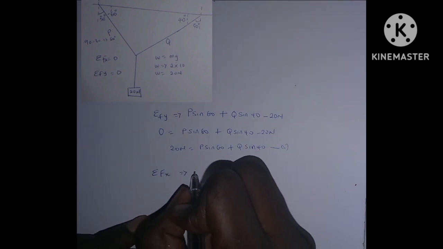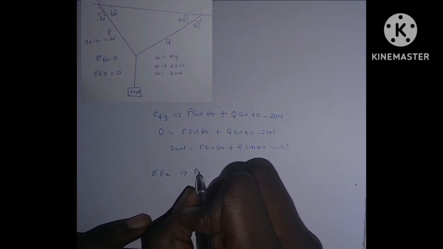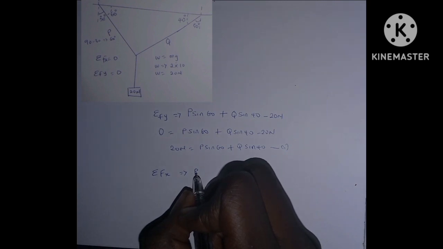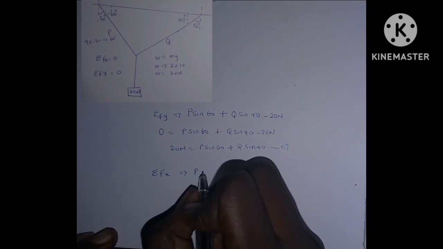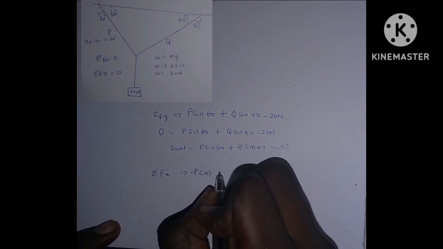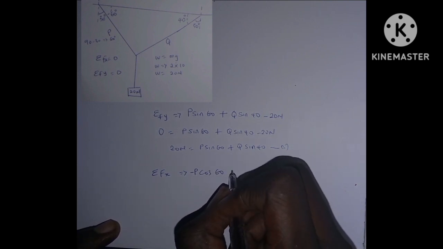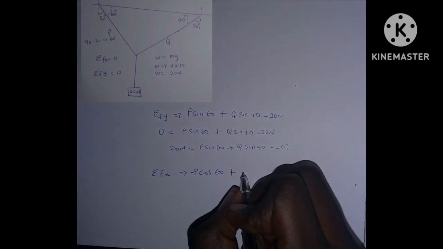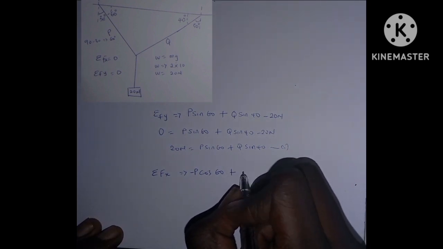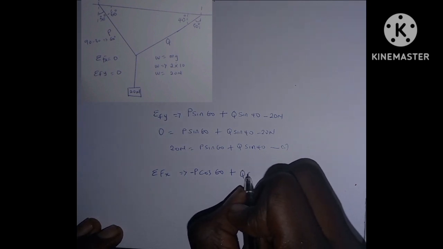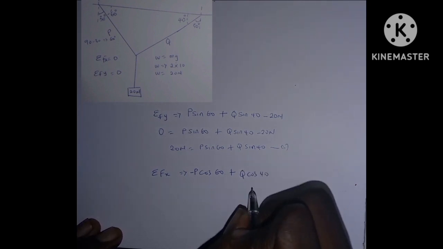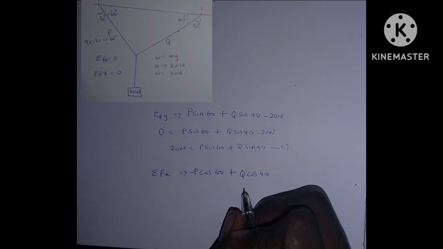So resolving it now becomes, instead of P, minus P cos 60 plus Q cos 40.